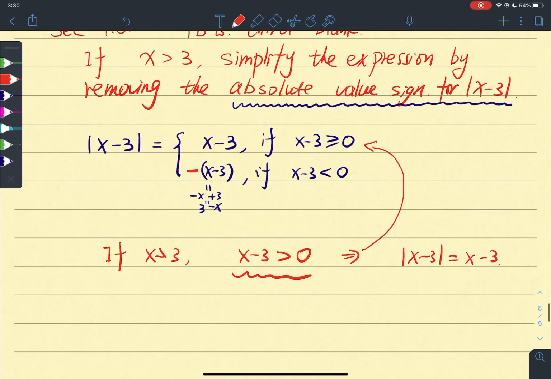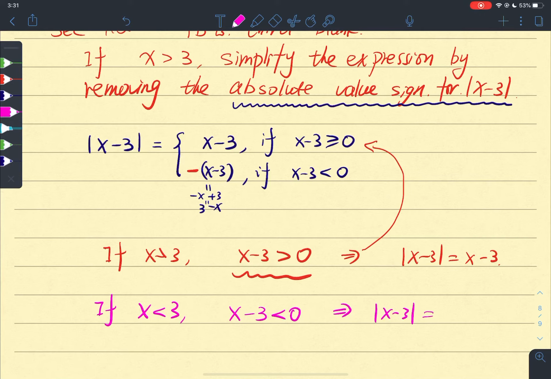But of course, if the problem had been changed, and it said x is less than 3, then you realize that x minus 3 is supposed to be less than 0. In that case, you should have chosen the condition for x minus 3 less than 0.